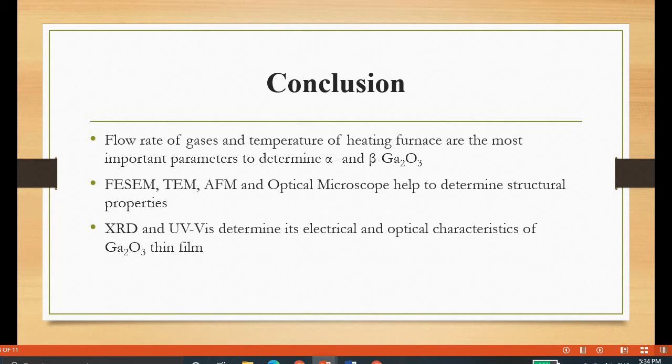For the second one, FESEM, TEM, AFM, and optical microscope help to determine the structural properties through the structural analysis with all these instruments that I'm using. And lastly, for the optical characterization process, I will be using the XRD and UV-Vis in order to determine the electrical and optical characteristics of the gallium oxide thin film.